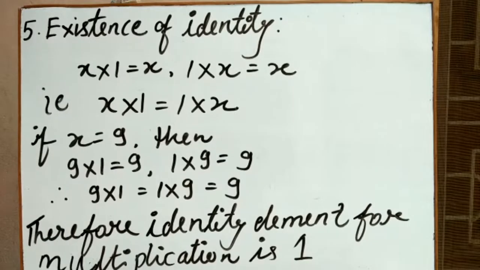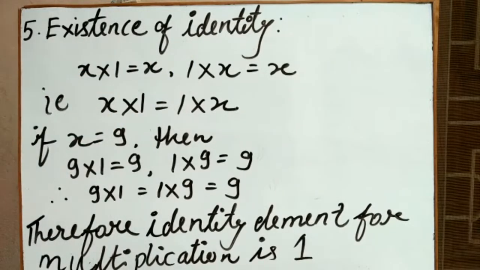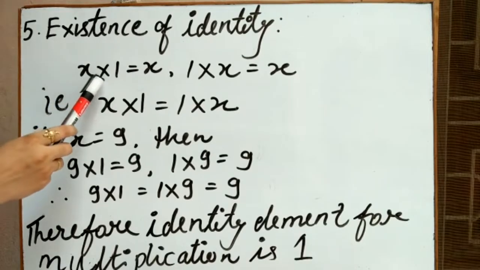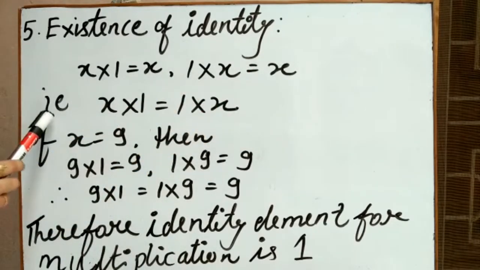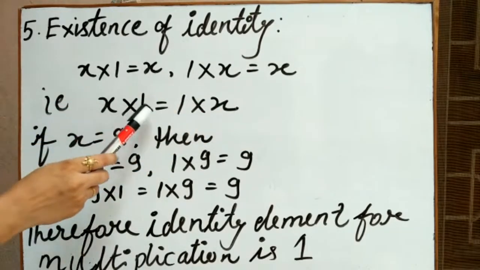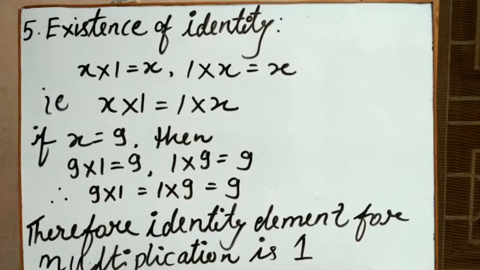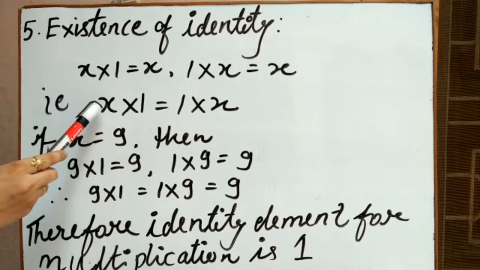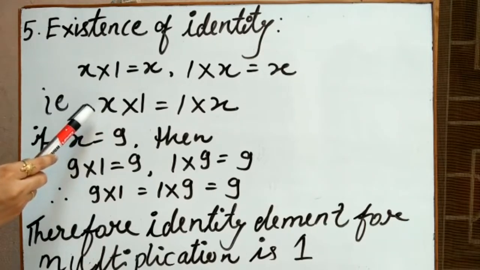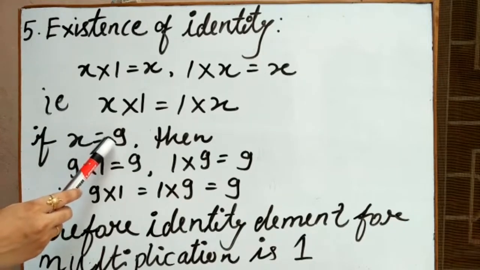The next property is existence of identity. For any whole number x, x into 1 is equal to x, and 1 into x is equal to x. That is, x into 1 is equal to 1 into x. In other words, the multiplication of any whole number with 1 is the number itself. Understood? For example, x is equal to 9 and 9 is a whole number.